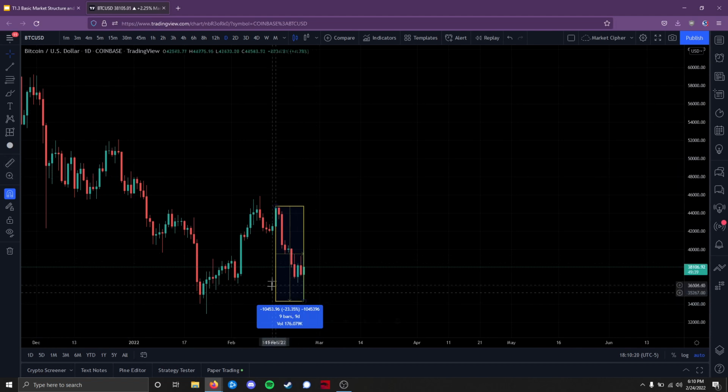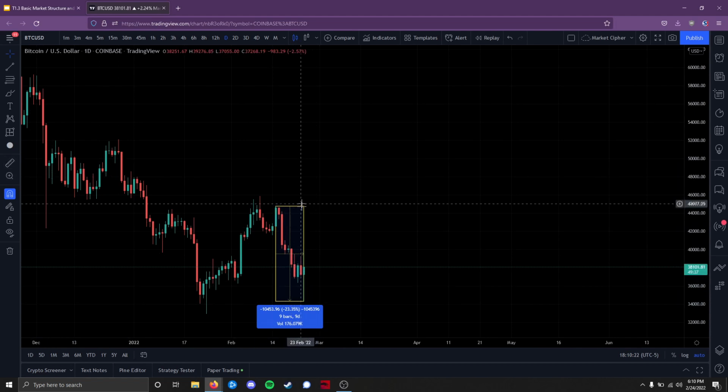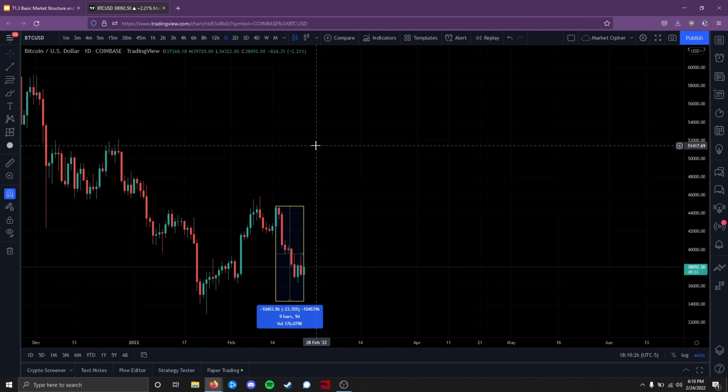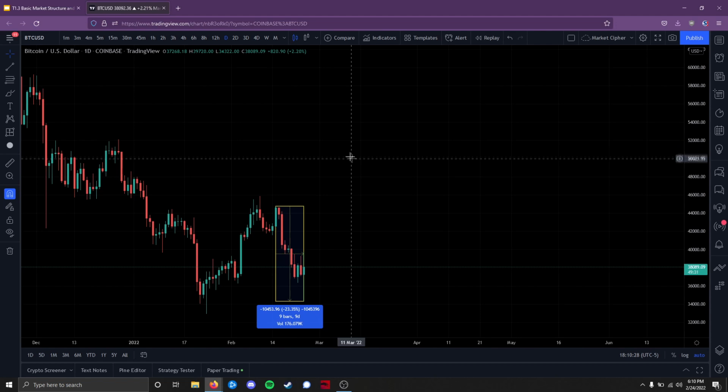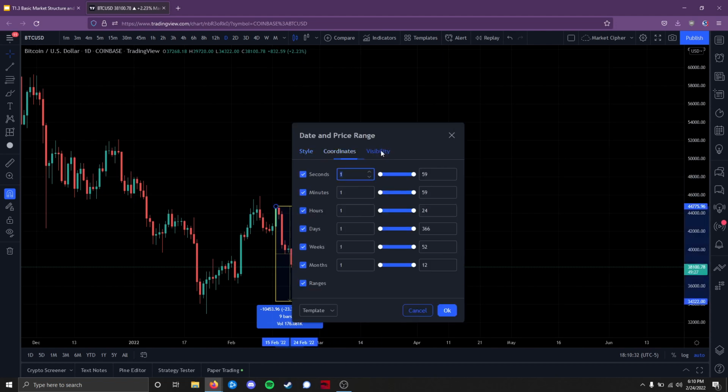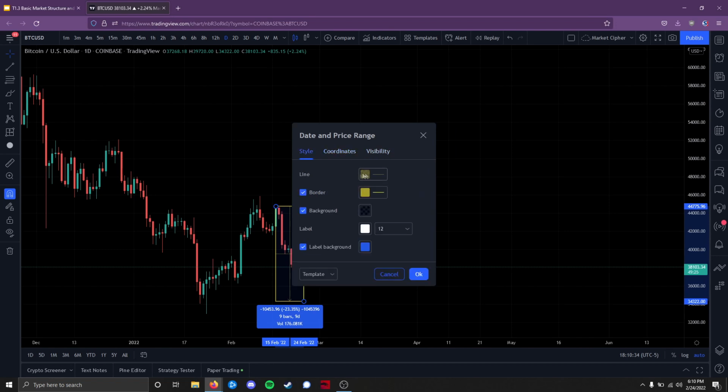It's a lot cleaner, and you can customize these. As you can see, I have this with a yellow background. It's a little different than what you might be using if you're using the generic settings. But once again, you can just double click on it, and you'll see all these different settings for colors and the border, if you want to have a background, labels, etc.